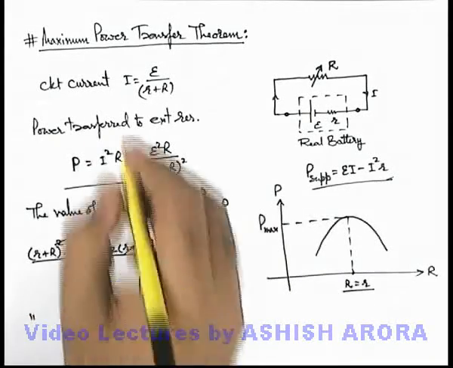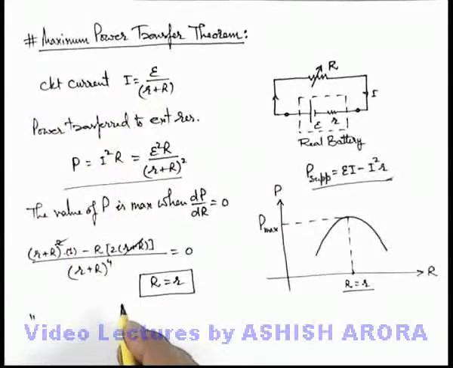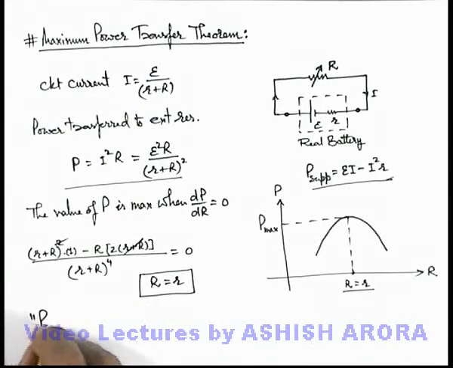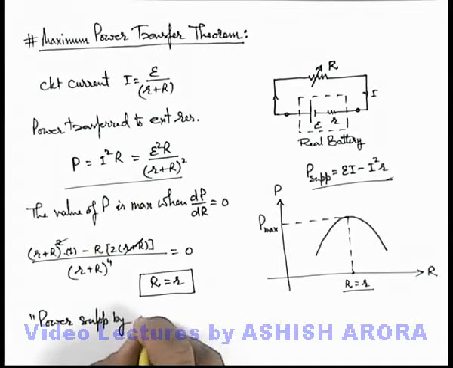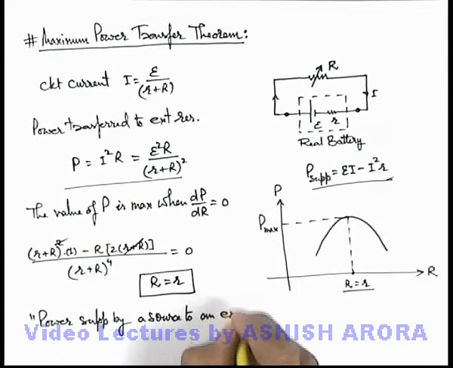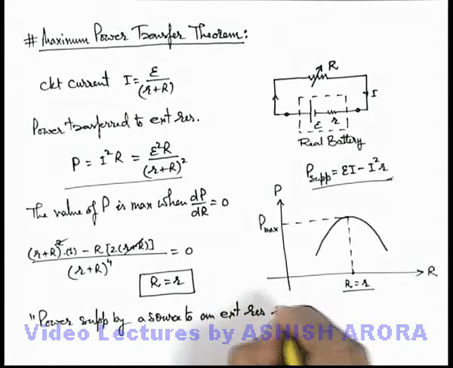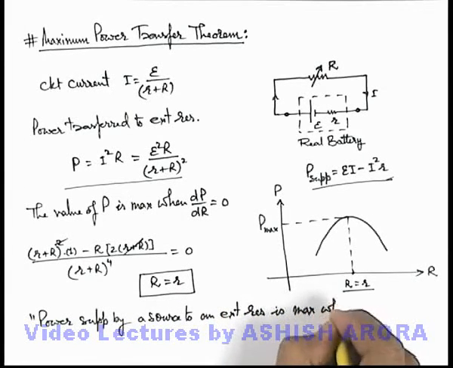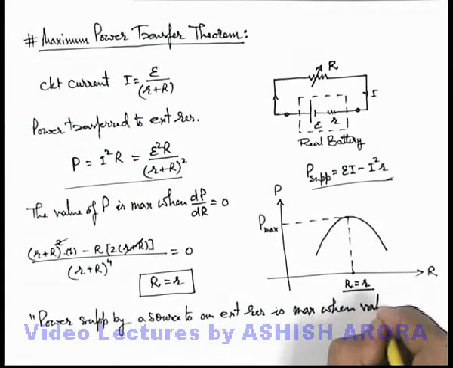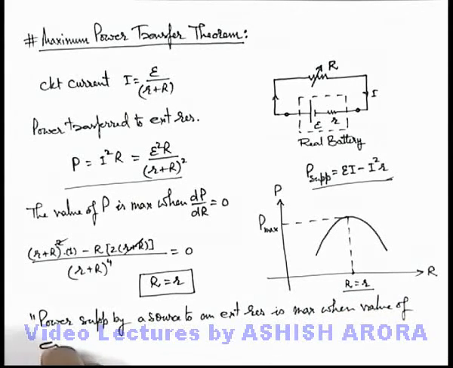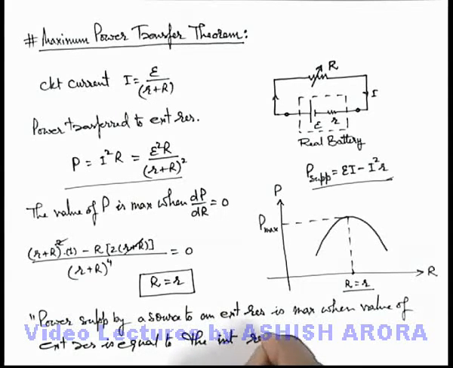We can write down the statement of the maximum power theorem, which says that power supplied by a source to an external resistance is maximum when the value of the external resistance is equal to the internal resistance of the source.